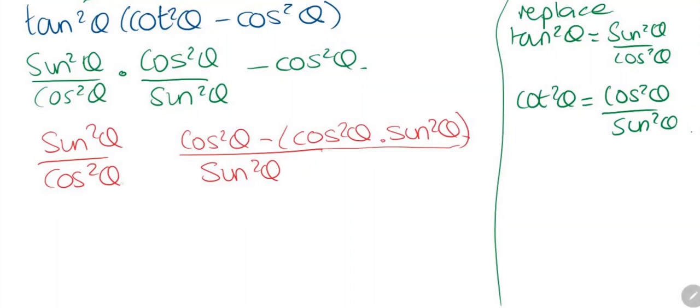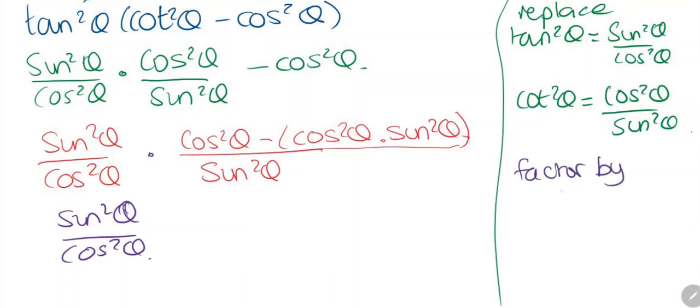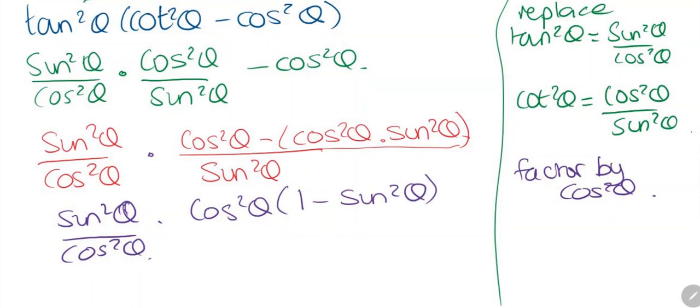Right, so if we factor this by cosine squared theta, we will have 1 minus sine squared theta, and this is over sine squared theta.